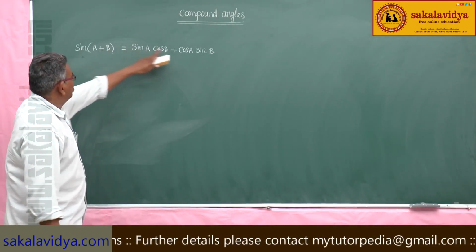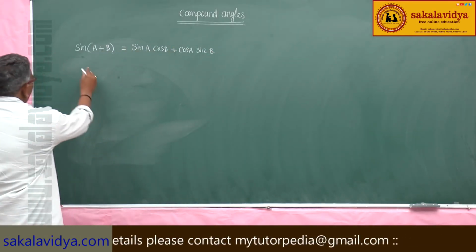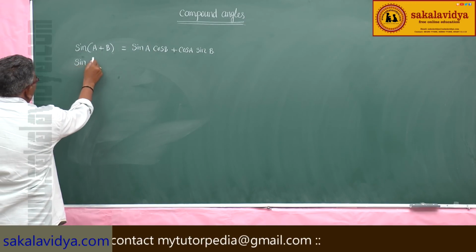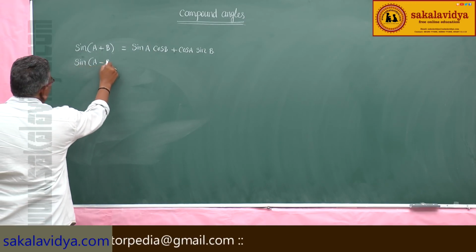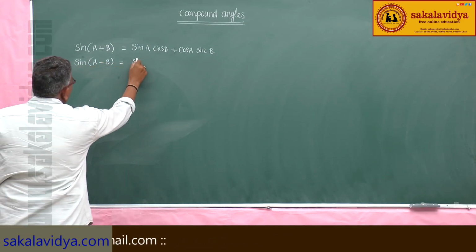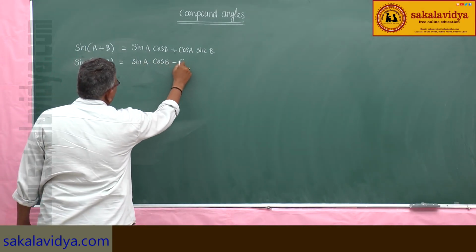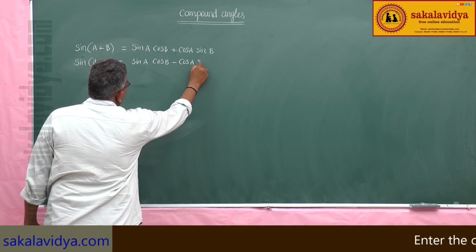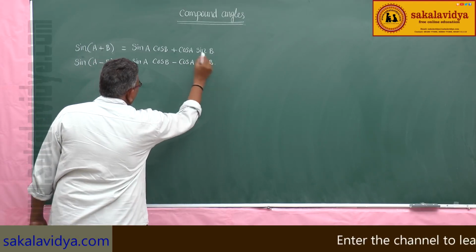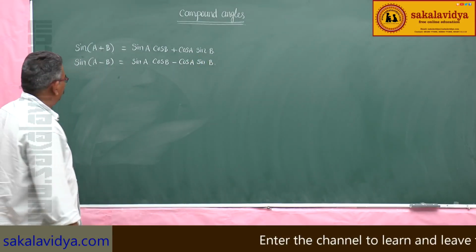Now, sine of A minus B is equal to sine A cos B minus cos A sine B. Okay.